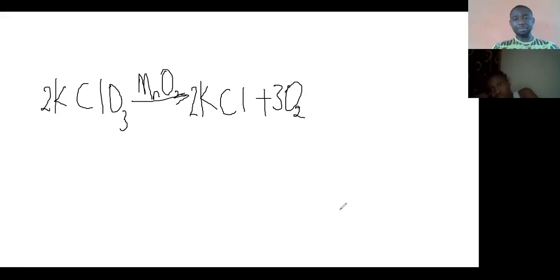Okay, now we're talking about decomposition of hydrogen peroxide. The word decomposition, what does it mean? State of rotten? Now, when we talk about decomposing, we mean breaking down, not only rottenness.